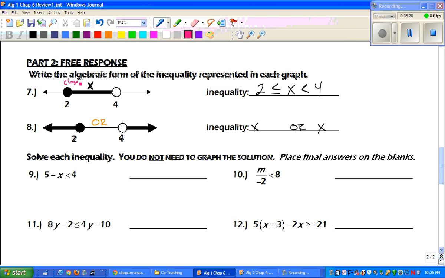Okay, so this is closed, and that's open. Okay, and we need to think the same thing here, closed and open. We've got 2 and 4. So x is less than or equal to 2, but it is greater than 4. Okay?